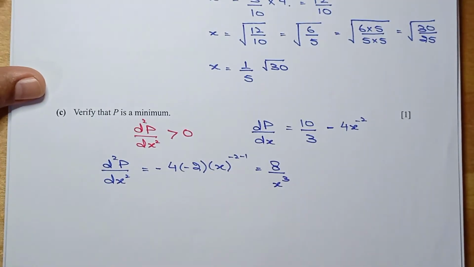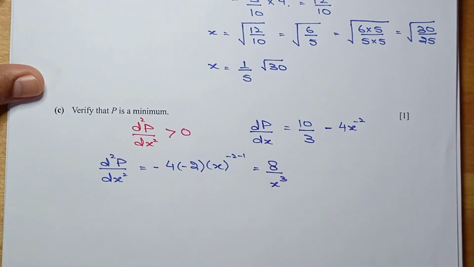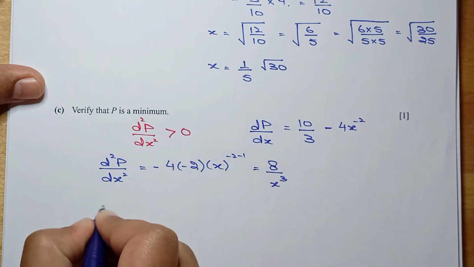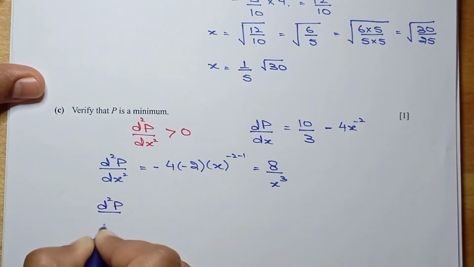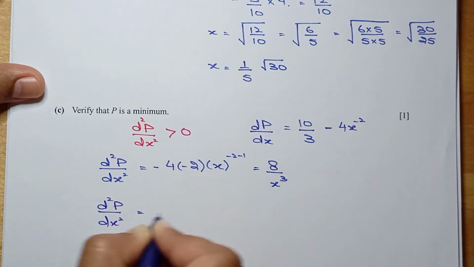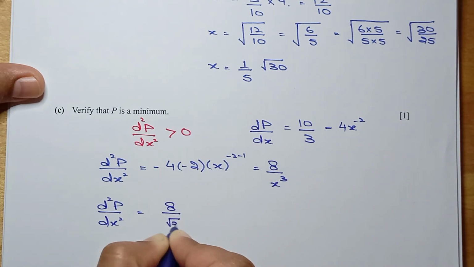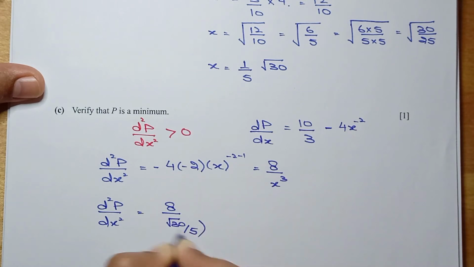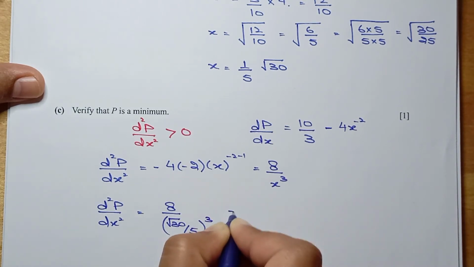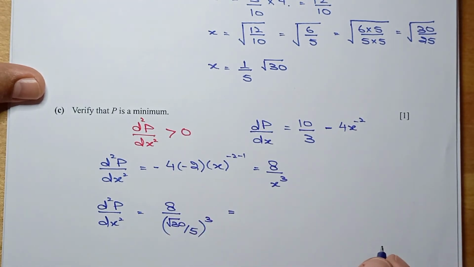Right. Now we need to put in the x value that we got. So the second derivative at that critical point is 8 over x cube, that is 8 over the square root of 30 over 5, whole cubed. So what is the answer?